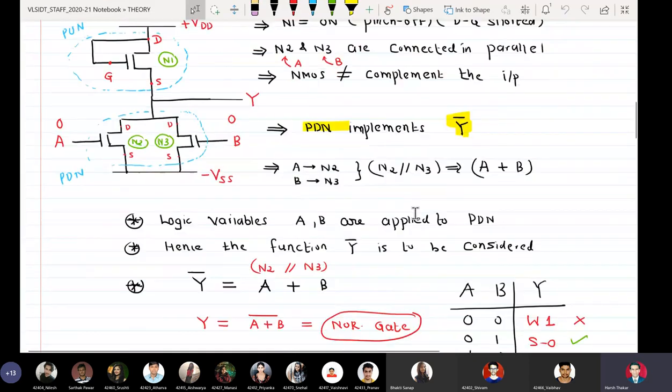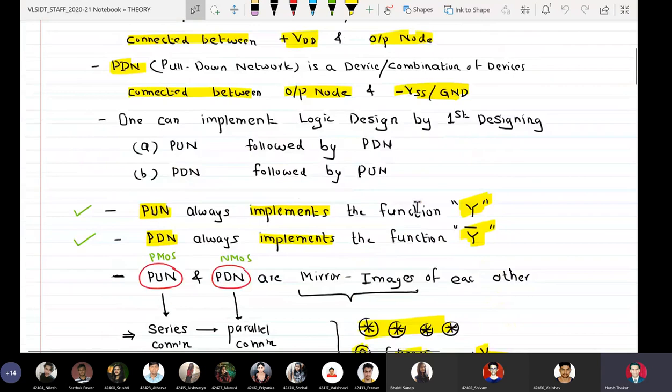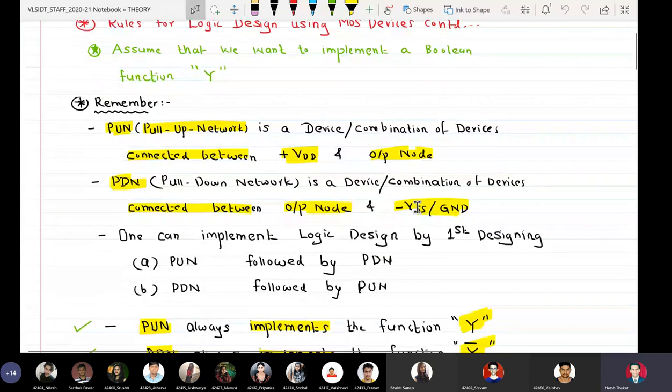We had defined pull-up network as a device or a combination of devices which are connected between plus VDD and output node. Similarly, pull-down network is a device or a combination of devices connected between output node and ground.